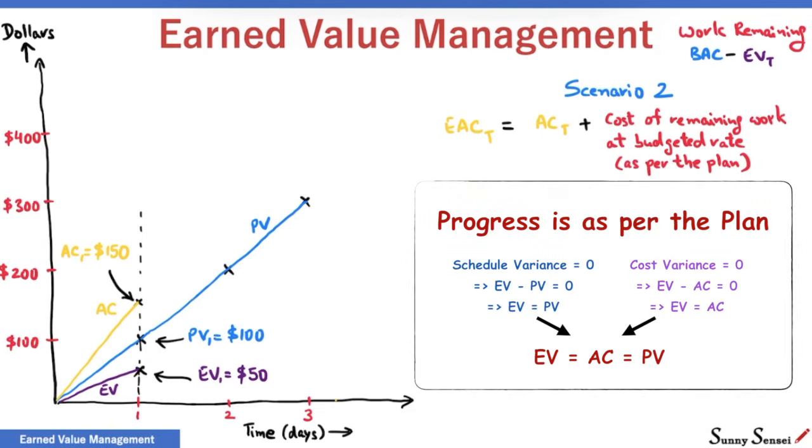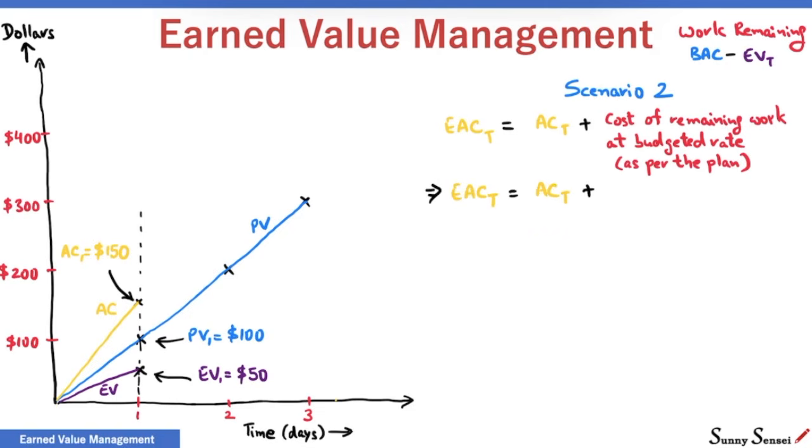If the project progresses as per the plan, this means zero schedule variance and zero cost variance. Both the earned value and the actual cost will equal the planned value of $100 at the end of day 1. We complete $100 worth of work at a cost of $100. To complete our remaining work of BAC minus EV, the cost as per the plan will also be BAC minus EV dollars.